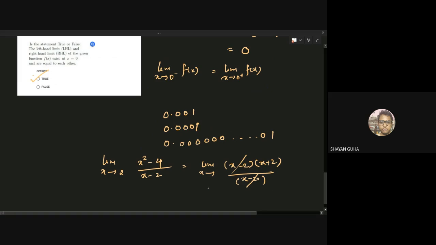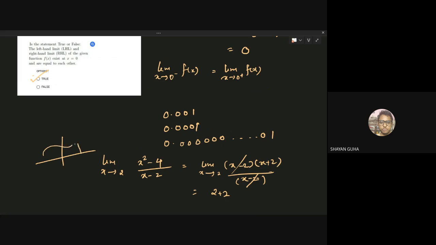So in this case also, when we calculate the limit, we just put the value. Now there is no issue, so we can put 2 plus 2. So basically, if this is the curve, and this is the point 2, the function is undefined at that point. So that's why there is a hole.